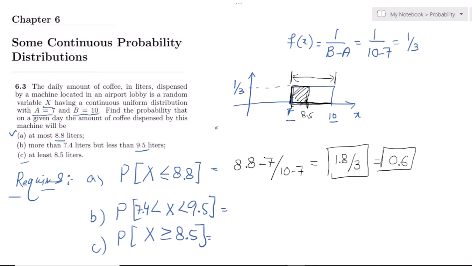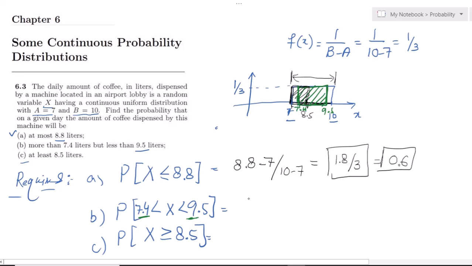Here we have the lower limit given and the higher limit given as well. So the lower limit here is 7.4, so let me have here 7.4, and this is 9.5. This is the area which we want to find the probability of, while the overall area is again in this bluish color.